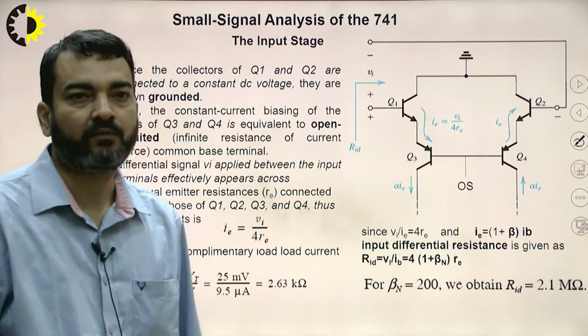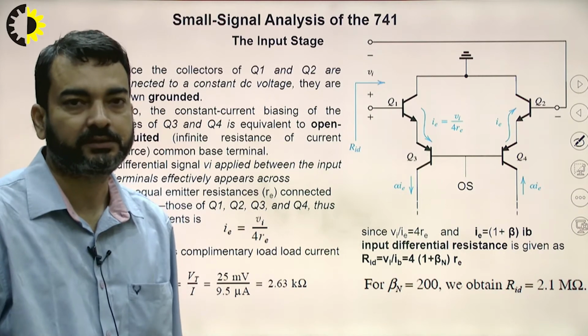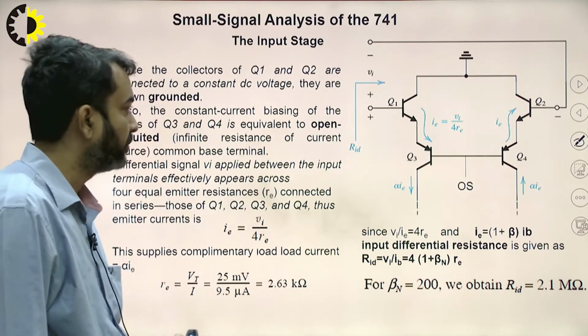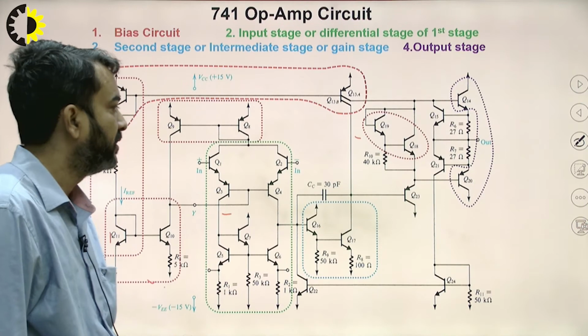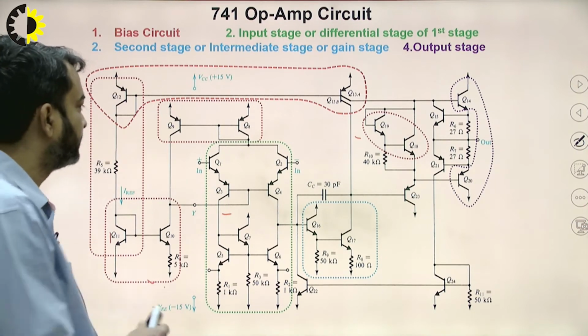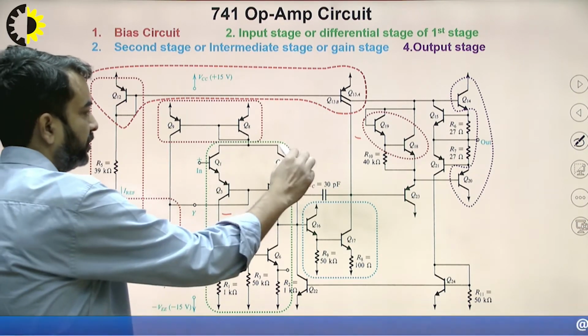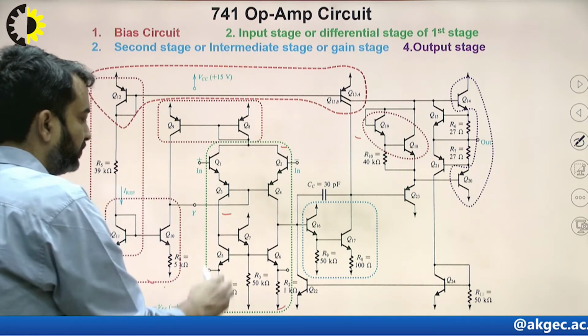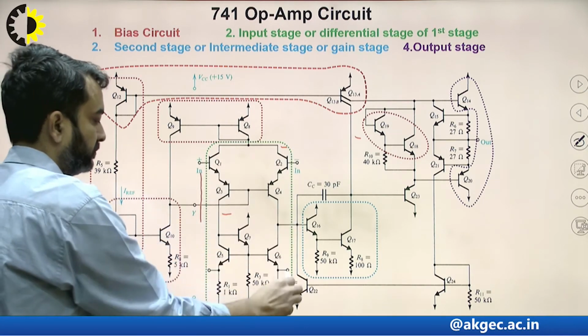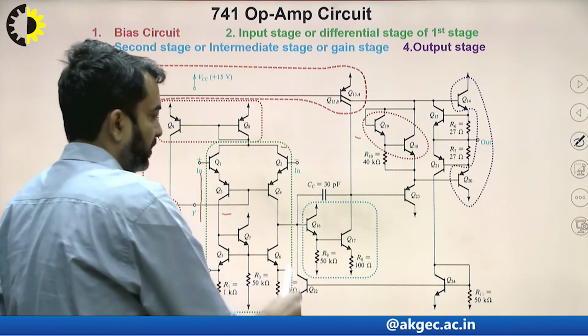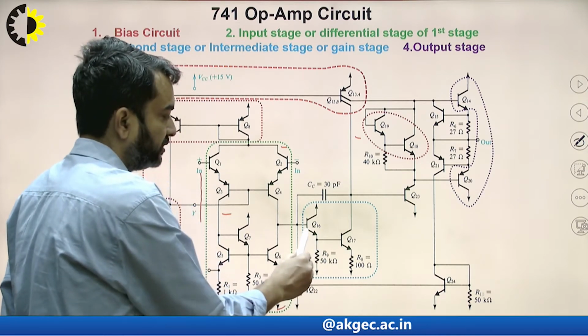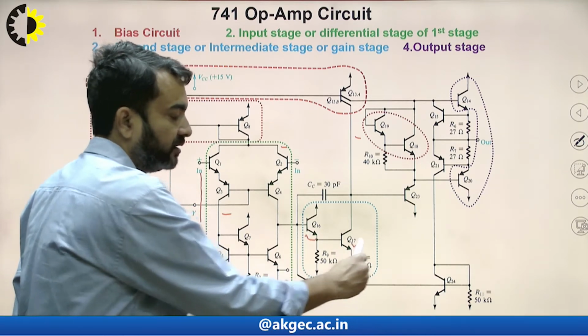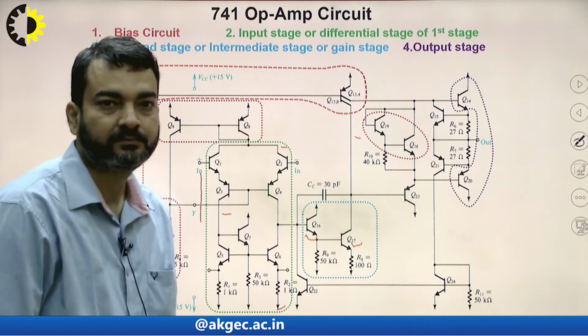Then we have performed the small signal analysis. For performing small signal analysis, we have three major sections. One is the input stage, this one. Then we have the gain stage consisting of transistors Q16 and Q17.